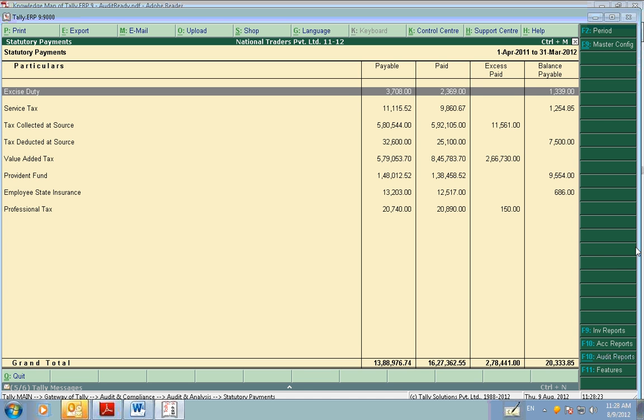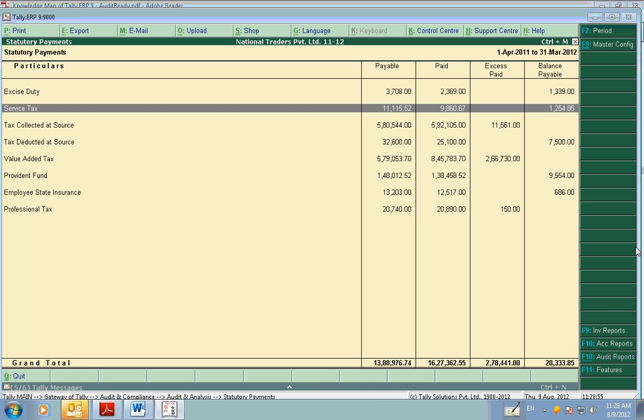So here, if you configure the entire features used in Tally, if your business complies with the various statutes, that is statutory payments, if your business is involved in excise or service tax, or value-added tax, or maintaining the entire payroll feature, wherein you have to abide by the statutory norms with respect to your professional tax, the provident fund deductions, the employee state insurance.